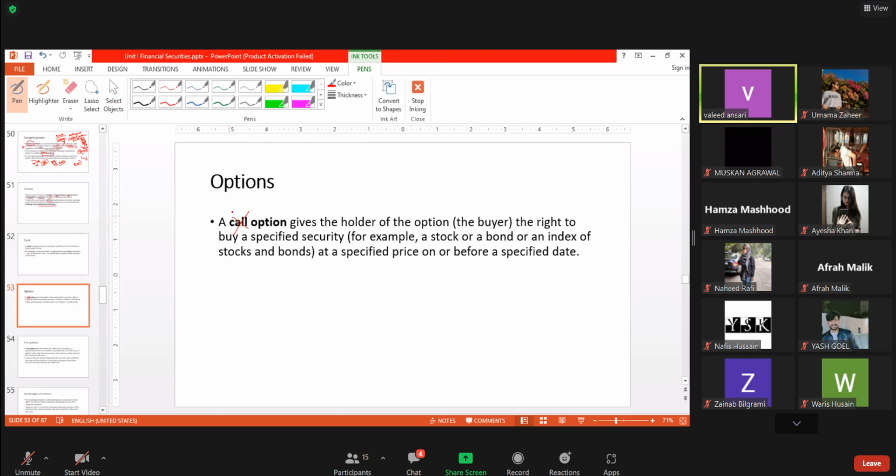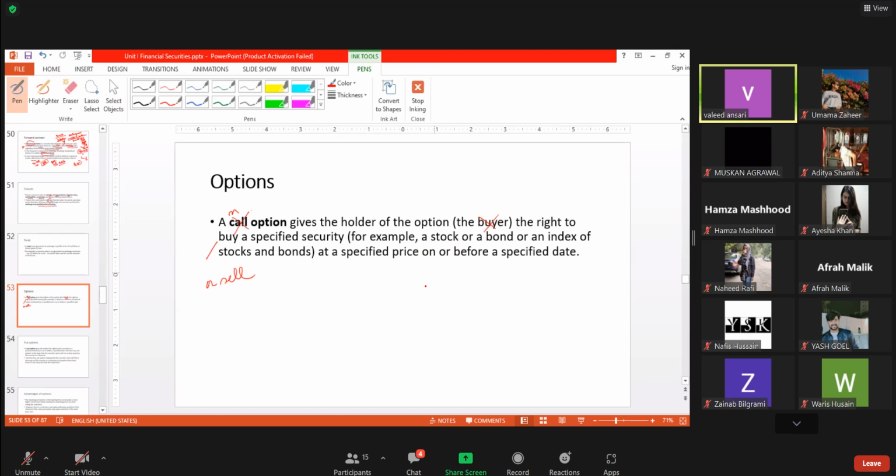An option gives the holder of the option the right to buy or sell a specified security, for example a stock or an index, at a specified price on or before a specified date.